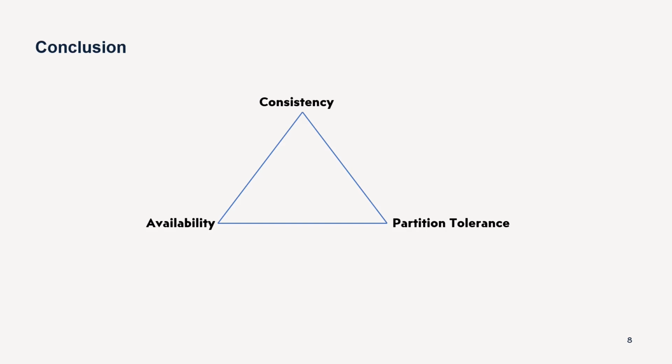But in real life, there's no 100% availability or 100% consistency. We have to focus on degrees of these two properties. Maybe you are focusing on 80% availability and 20% consistency.